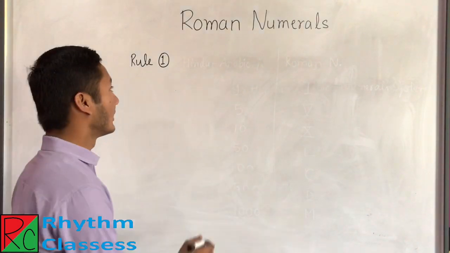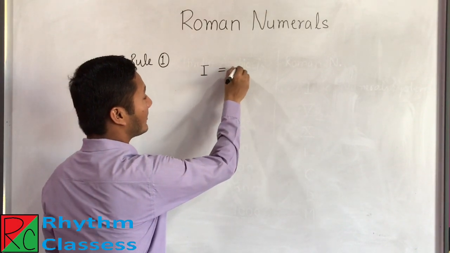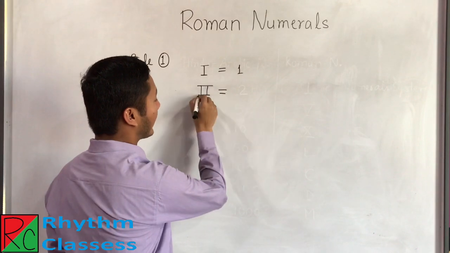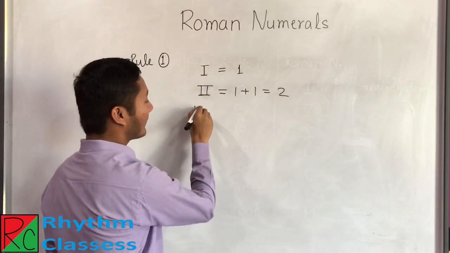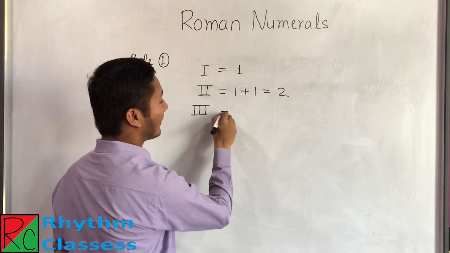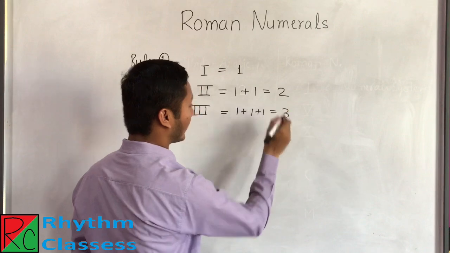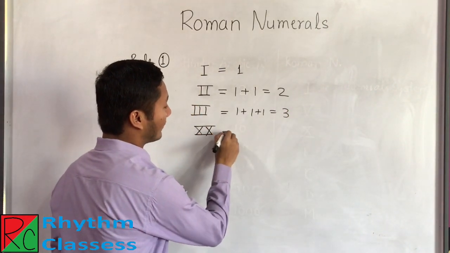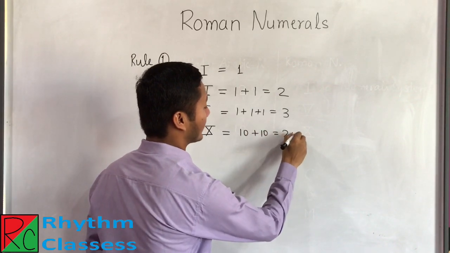That means if we write I like this, then it becomes 1. But if we write II, then its value is 1 plus 1 equals 2. And if we write III, then its value is 1 plus 1 plus 1 equals 3. If we write XX, then its value is 10 plus 10 equals 20.